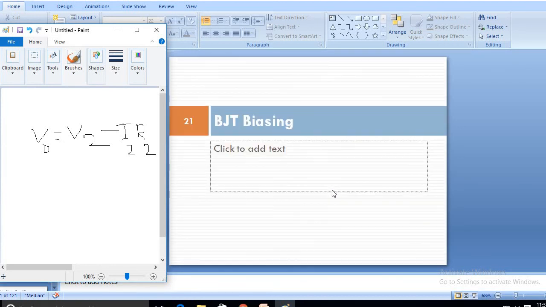Coming to BJT biasing, it is very important. There are three types of biasing, and some problems, which are very important from the examination point of view. I will tell that.